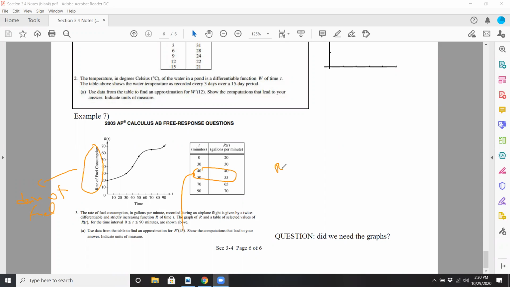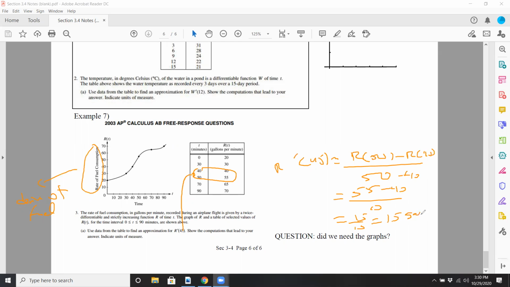R'(45) is approximately R(50) minus R(40) over 50 minus 40. And that's just going to be 55 minus 40 over 10, 15 over 10. You get 1.5, and it's going to be gallons per minute squared, because you're dividing gallons per minute by minutes.